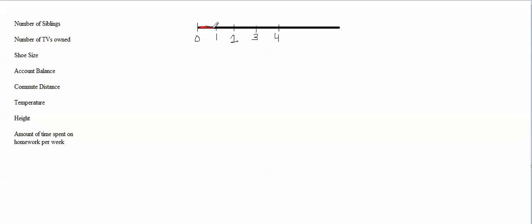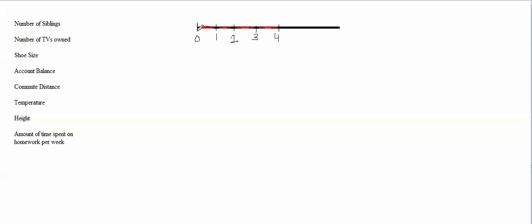So the areas that I'm marking in red are where there can never be any values. But we can have values here.